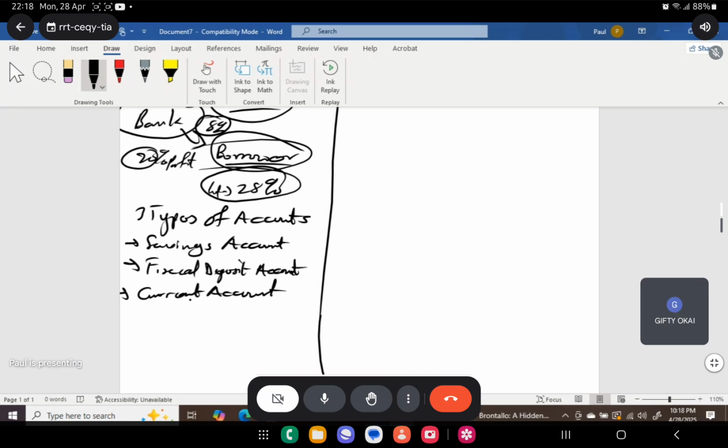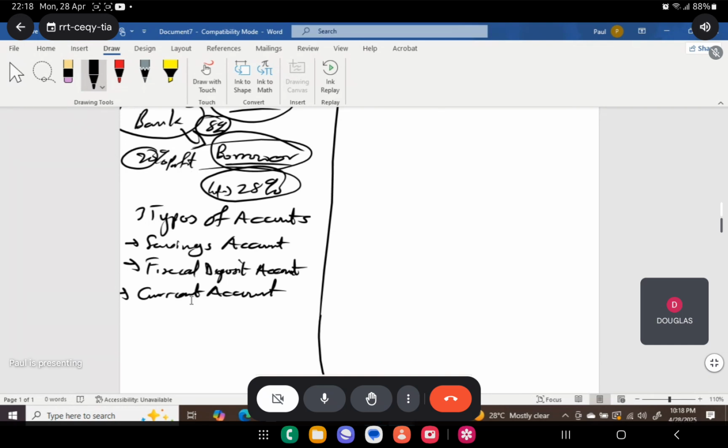You are right. If you say a savings account is where you save your money, you are right, because the name suggests that it's a savings. But the reason why you are right, but I'll not give even one, is that a fixed deposit too is savings. So what differentiates savings from fixed deposit?